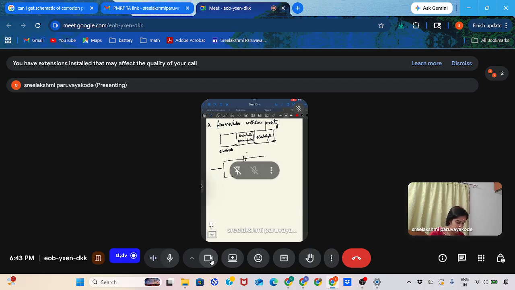This can be modeled using something like this. I'll draw first and then explain. So this entire thing can be drawn using this.